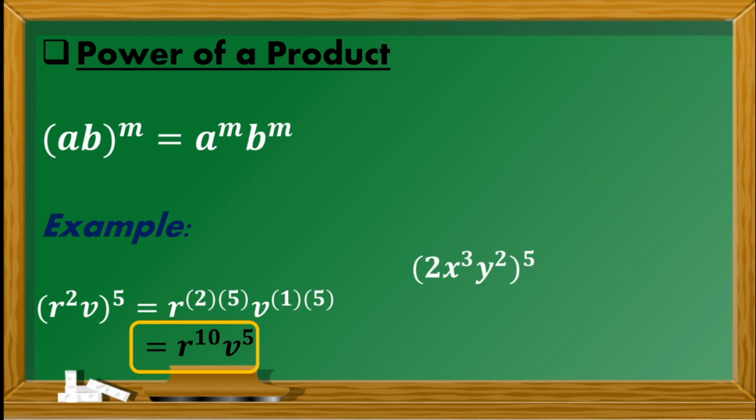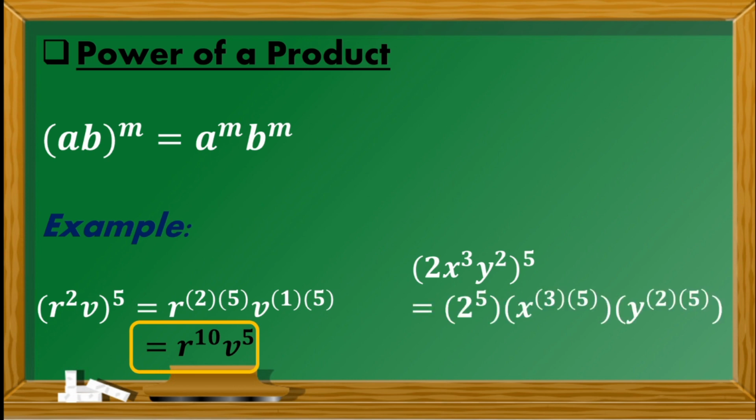Next example. Quantity 2, x raised to 3, y raised to 2, raised to 5. Mahaba-haba pero ganun pa rin yung ating gagawin. I-distribute natin si 5, or yung exponent na 5 sa labas.